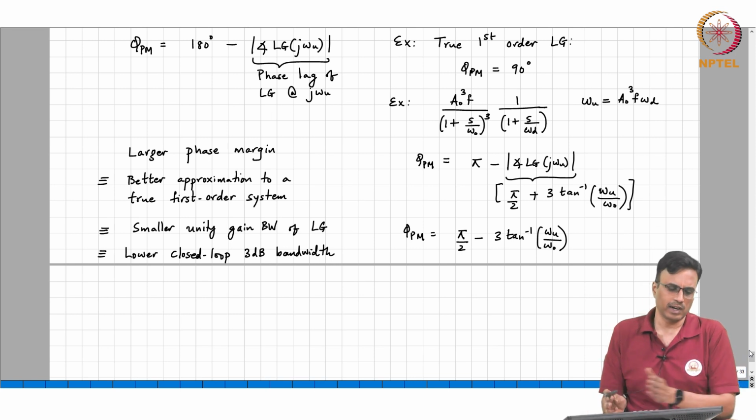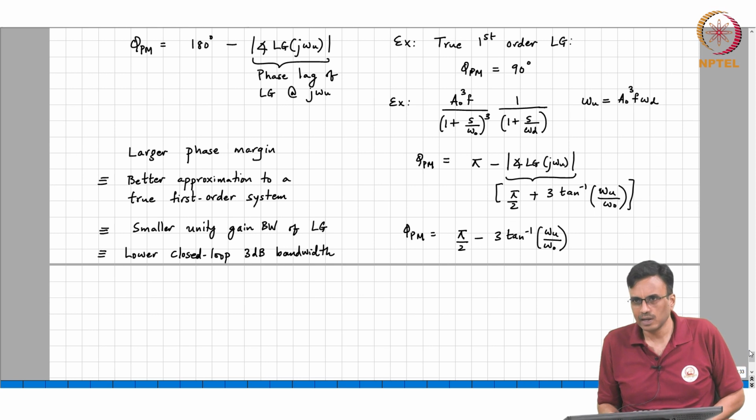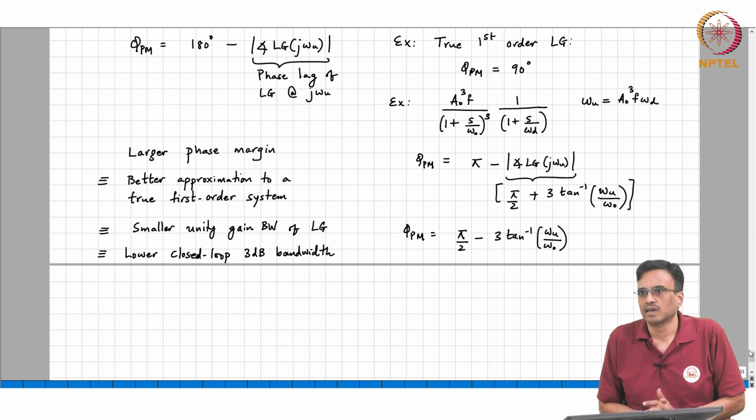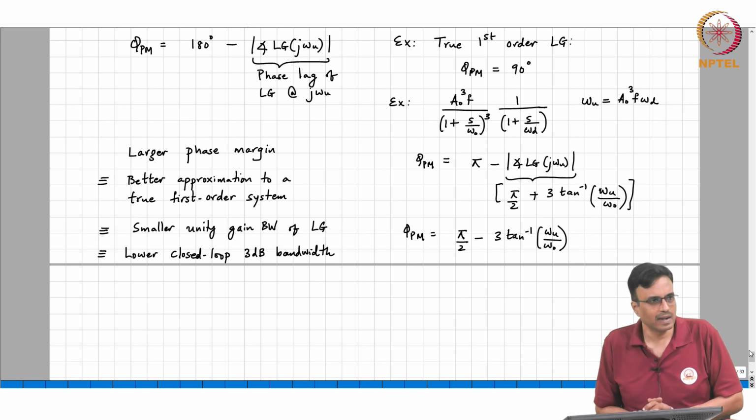If I choose my omega d to be super small, then the phase margin will be close to 90 degrees. But as a consequence, I now have a really small bandwidth, correct. On the other hand, if I say I want large bandwidth, then I have to keep reducing the phase margin.